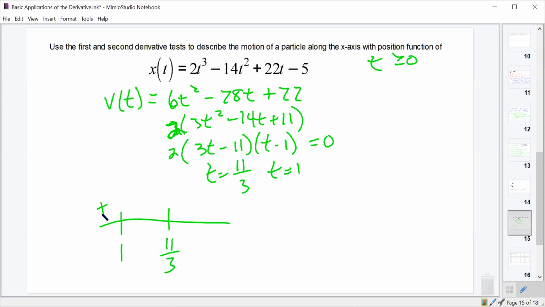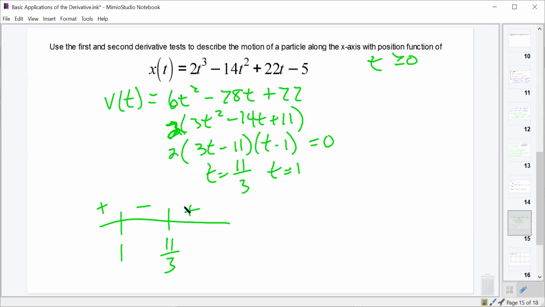So that'd be positive, which means our particle should be moving to the right from 0 to 1. Something between 1 and 11/3 would be 2. That'll give us a negative and a positive times a positive, so a negative, which means our particle is moving to the left. And something greater than 11/3, like 1,000, will give us all positives, and our particle will be moving back to the right again.